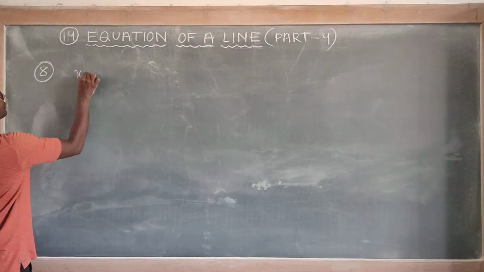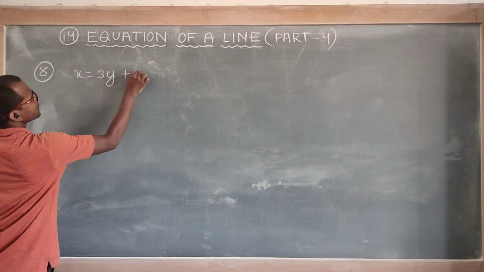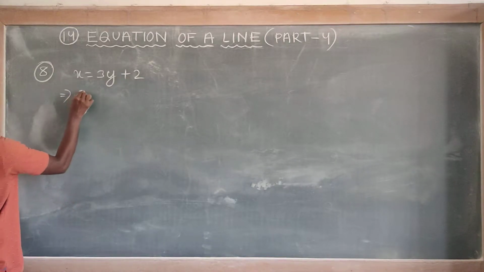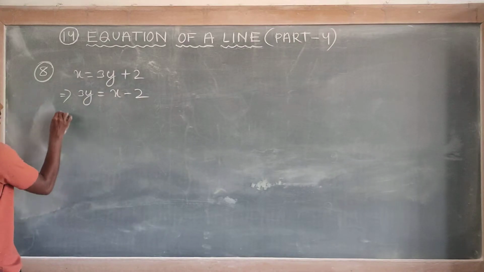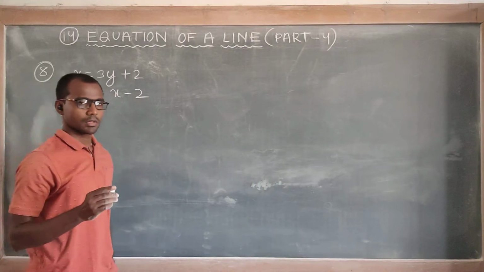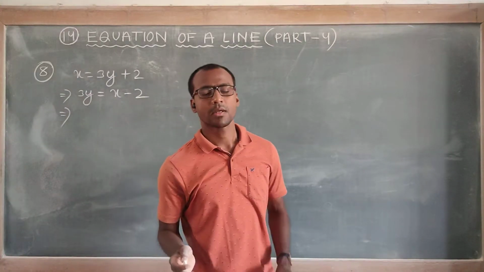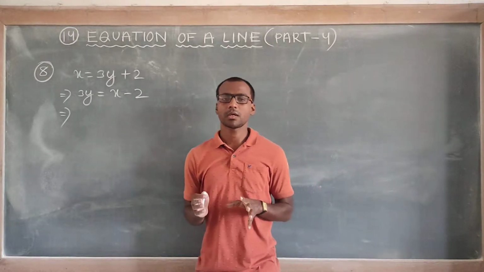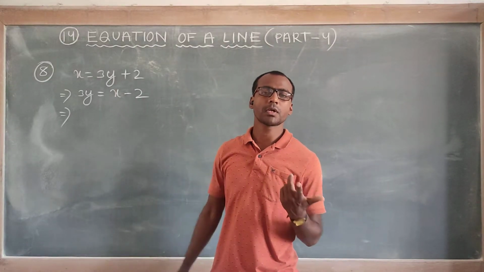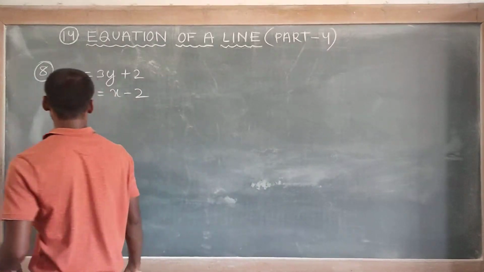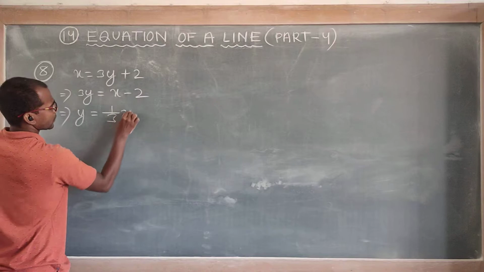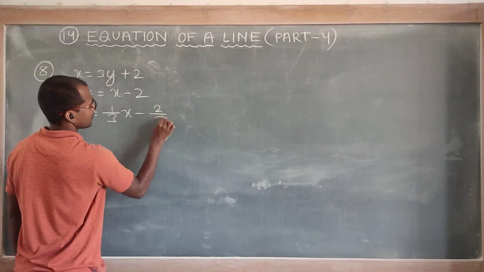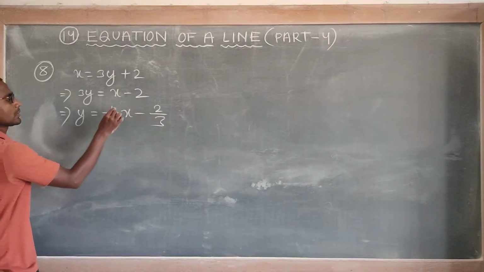X is equal to 3y plus 2 means 3y is equal to x minus 2. I told you that if you need information regarding a line, then you have to convert the equation into slope intercept form, and that I am doing. So y is equal to 1 by 3 into x minus 2 by 3.